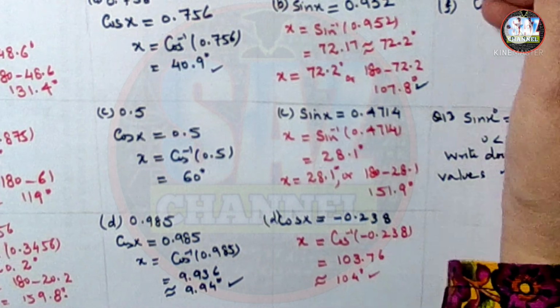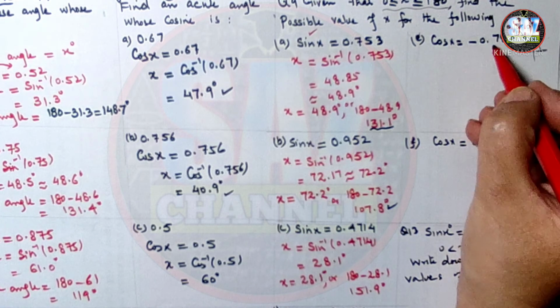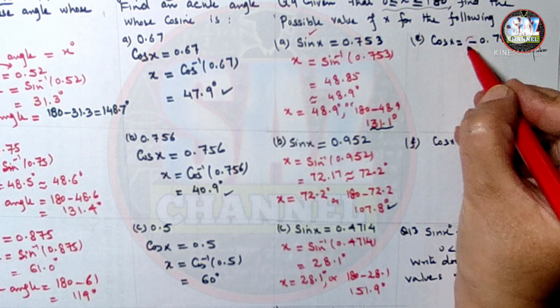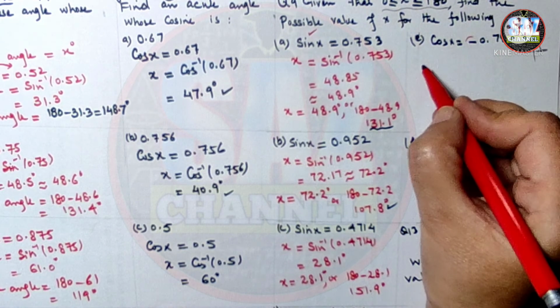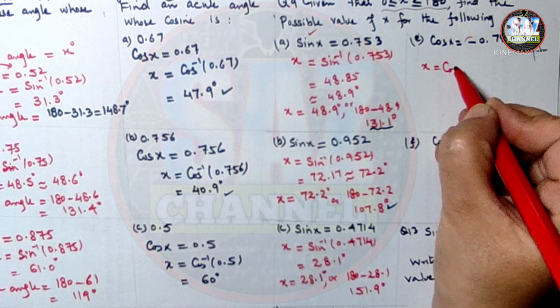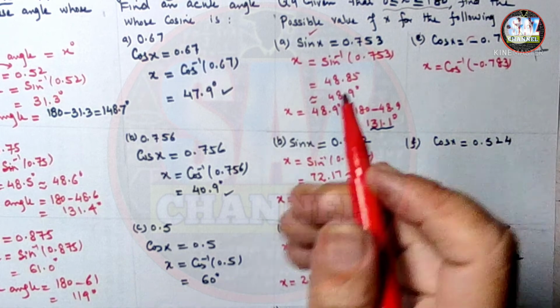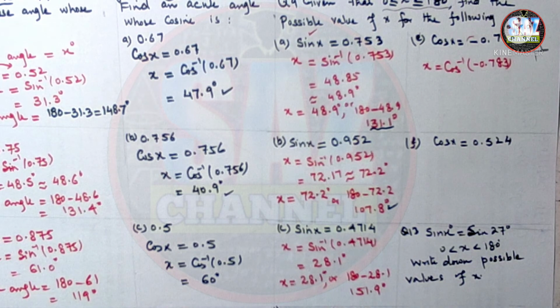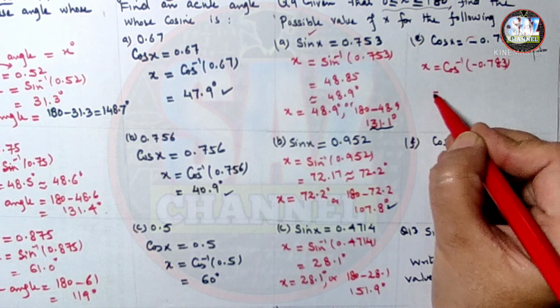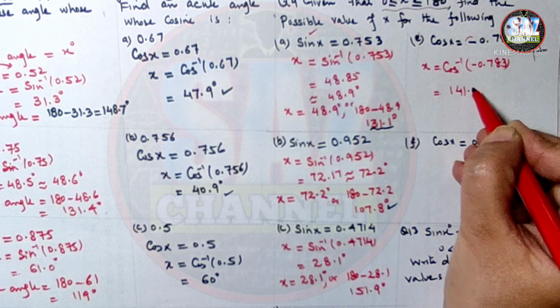Moving to the next part, cos of x equals minus 0.783. Here again, this minus sign is important: x equals cos inverse of minus 0.783, and this gives me 141.5 degrees.